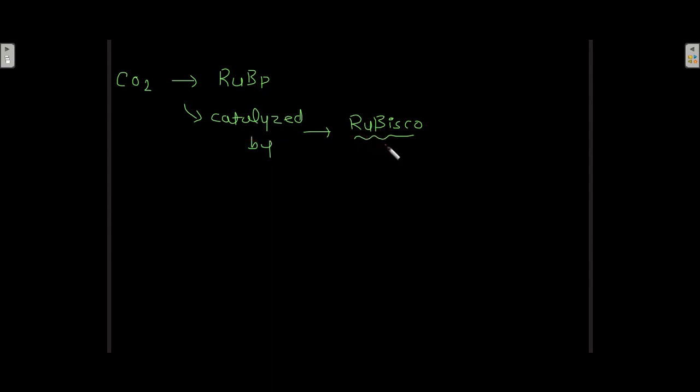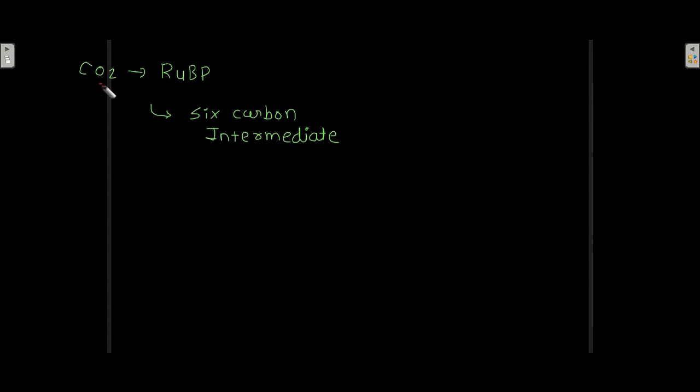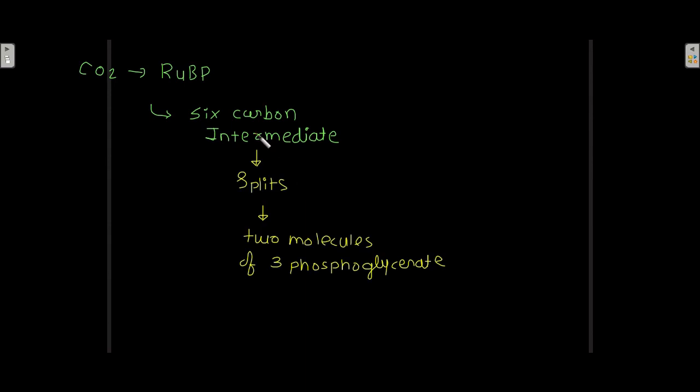That is your carboxylation. When carbon dioxide gets incorporated into RuBP, this reaction produces a 6-carbon intermediate. Now this 6-carbon intermediate splits into 2 molecules of 3-phosphoglycerate.